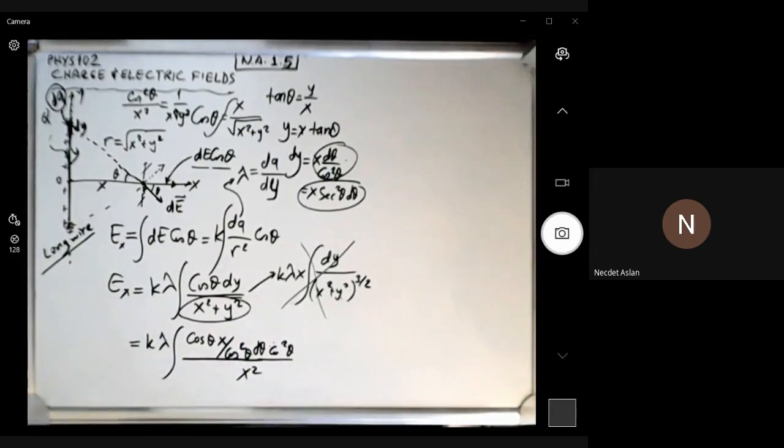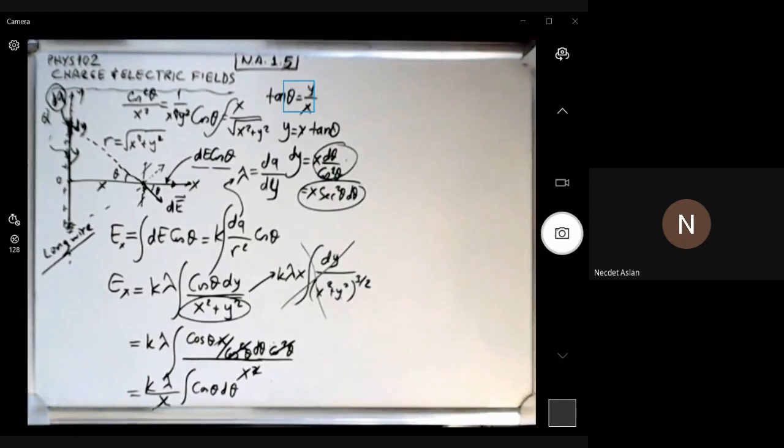It's very nice because these cosine square thetas will cancel each other, and one of the x's will cancel, so that we will have just x. So it will be k lambda over x times the integral, and the only thing which remains inside the integral sign will be cosine theta d theta. Wow, it turned out to be a very simple integration, as you see.